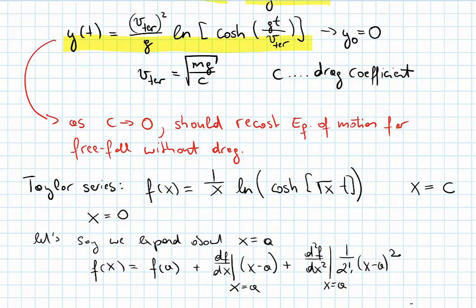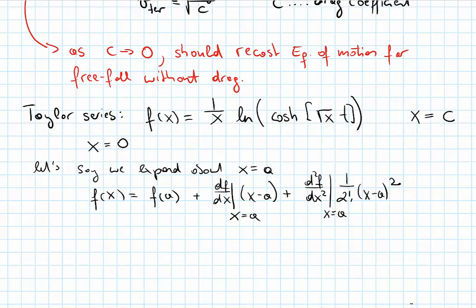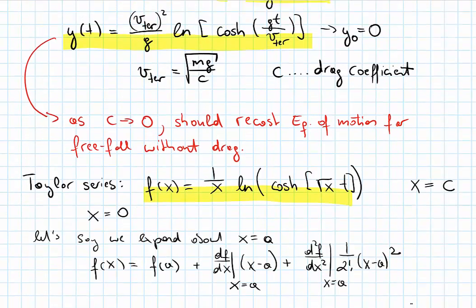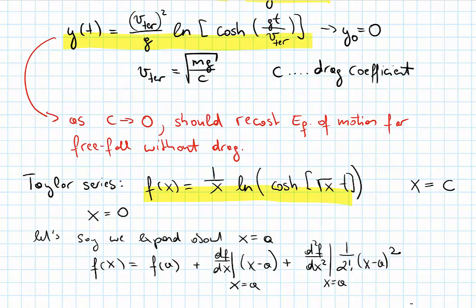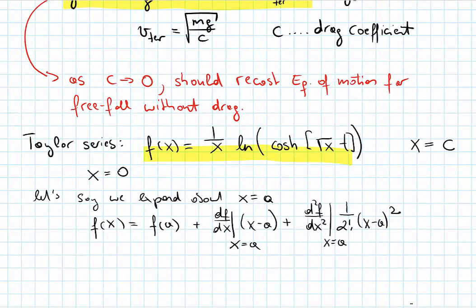So in our case, if we expand this above expression here, note that I really simplified this expression. I got rid of all the constants to simplify. So just to show that at the end we should get the form we are expecting. So we are again expanding this expression here about x equals 0.